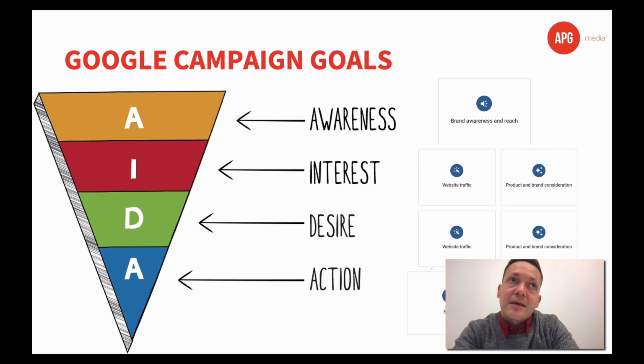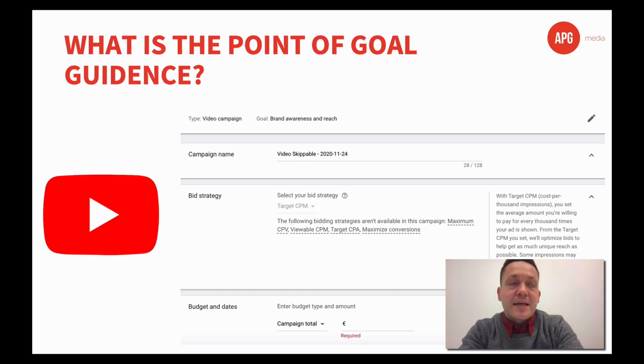In that case, the maximize conversions bidding method is suggested and encouraged by Google. So you can go through all these various stages of campaign goals and have completely different bidding methods and outcomes, just running on the same platform.